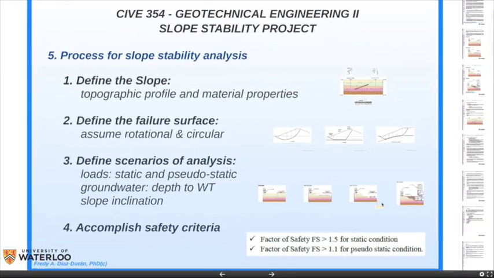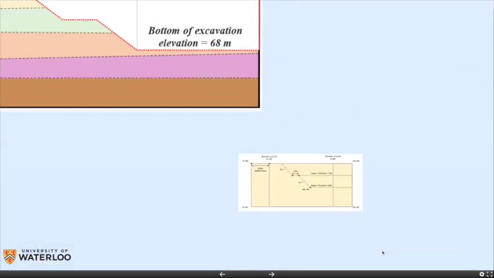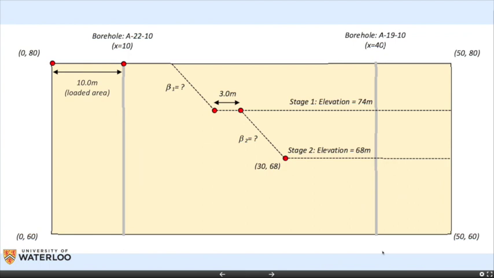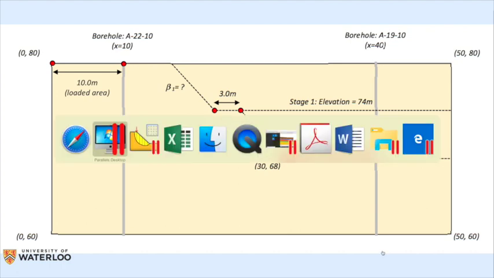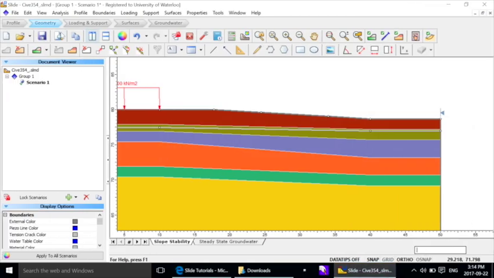Here we know that we cannot move this point. So let's define another surface to keep this boundary in mind. 30.68 is going to be my starting point. So I'm going to include another surface, 30.68, and take it up to the end. Okay?